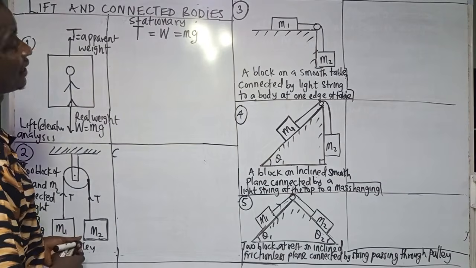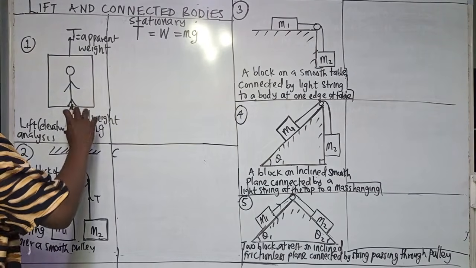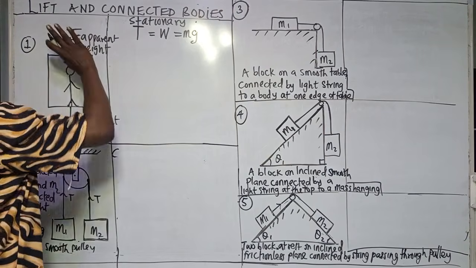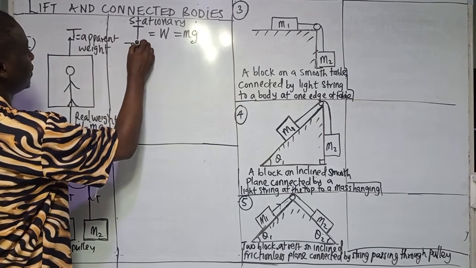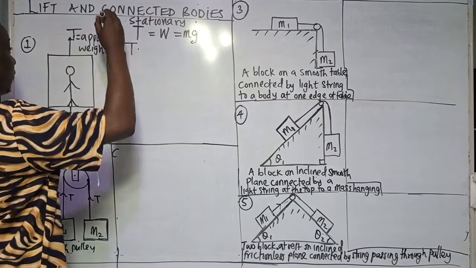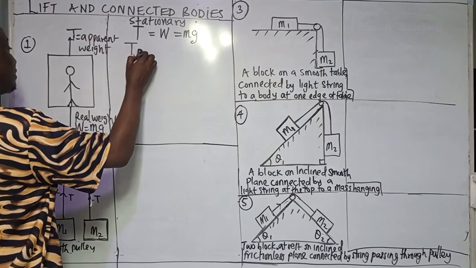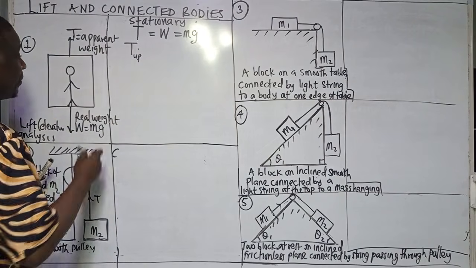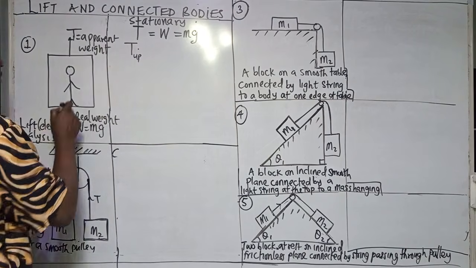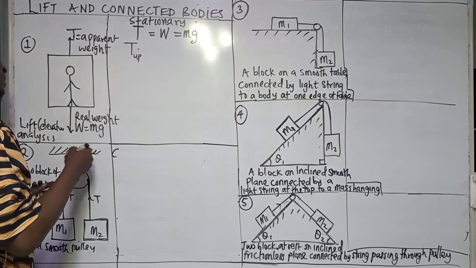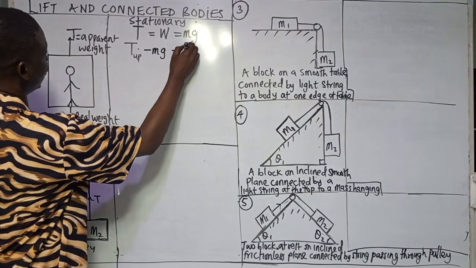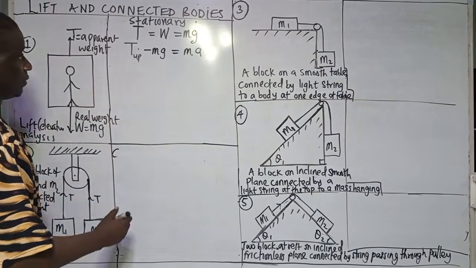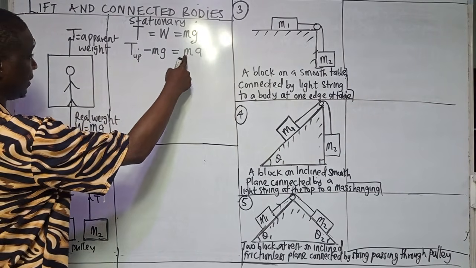Case 2 is when the lift is going up. If the lift is going up, that means the upward tension is favored. Weight is assumed to be smaller than tension. So T minus mg is equal to ma, which is the net force, mass times acceleration.